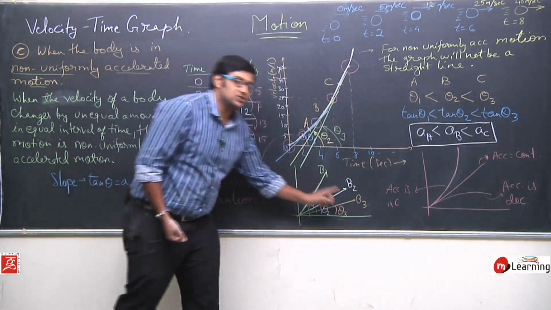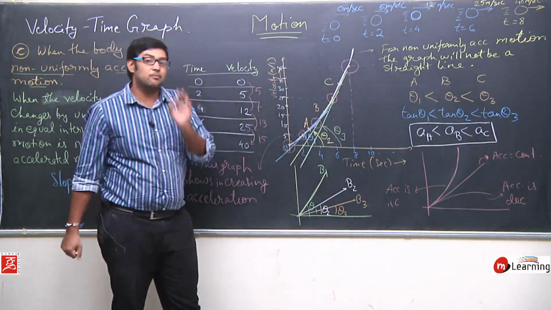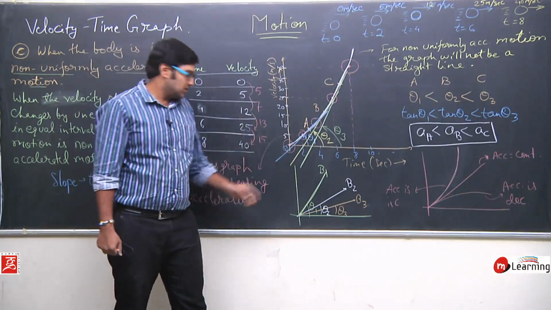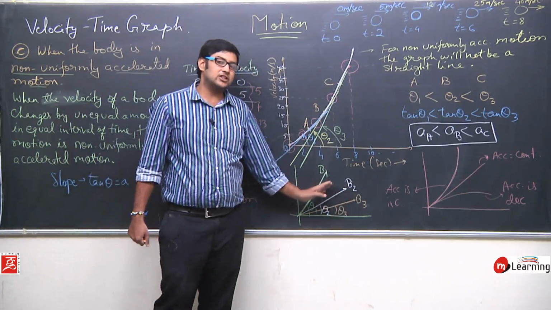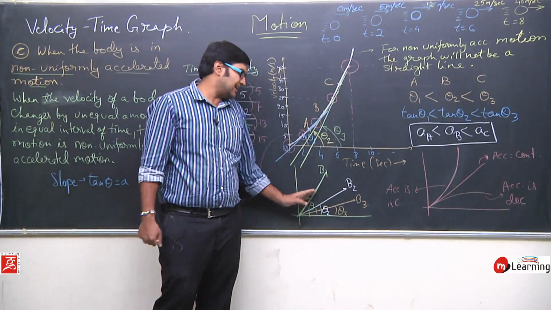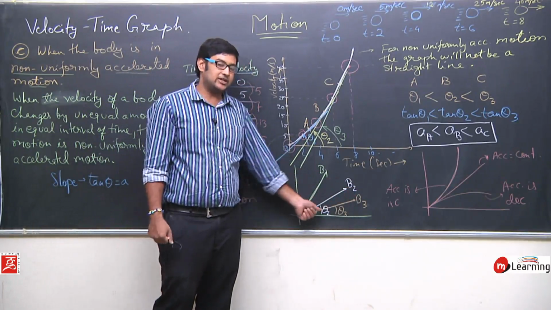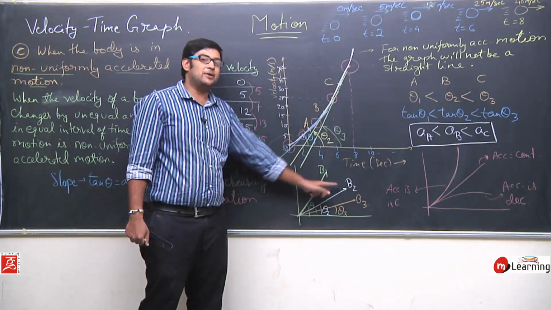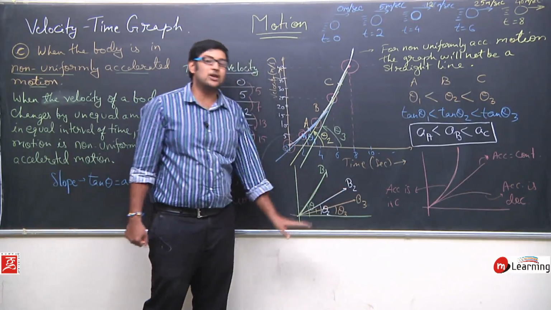So using these graphs, you can compare which body has more acceleration compared to the other. You can see all three bodies have a straight line VT graph, the velocity time graphs are straight lines, but B1 has the maximum angle, B2 has a smaller angle, and B3 has the smallest angle.